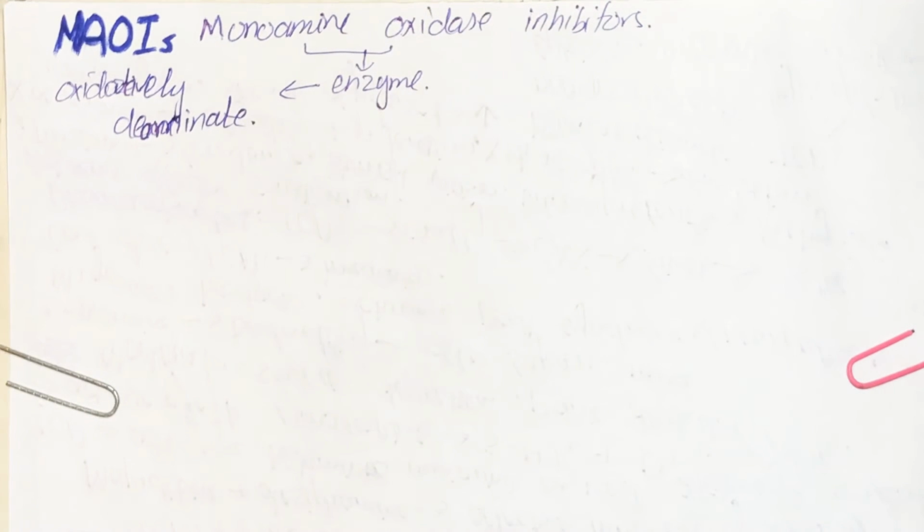any of the excess neurotransmitter present in the neuron, because sometimes there may be leakage out of the synaptic vesicle when the neuron is at rest, because at rest there is no action potential, and when there is no action potential there should be no leakage from the synaptic vesicle.